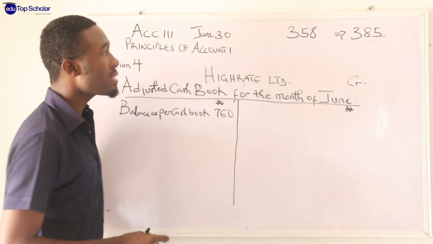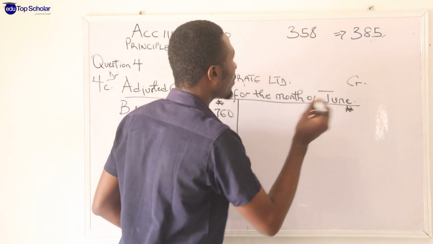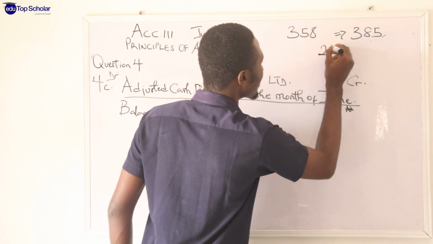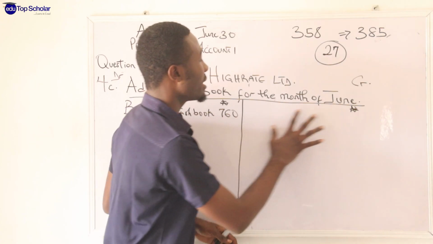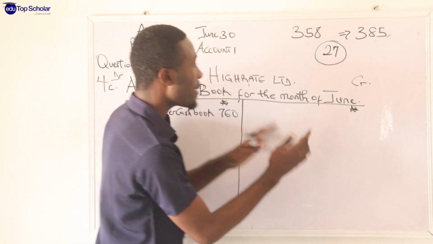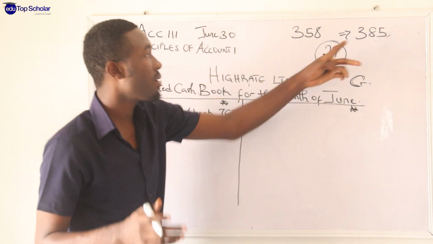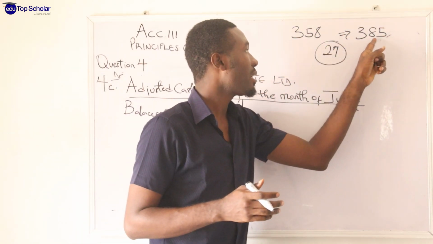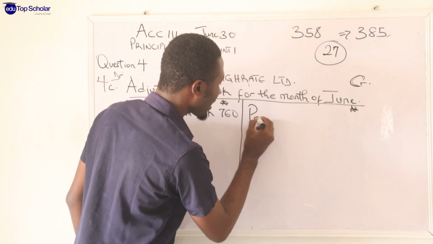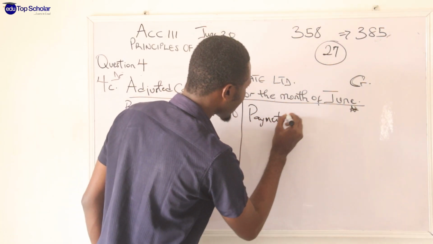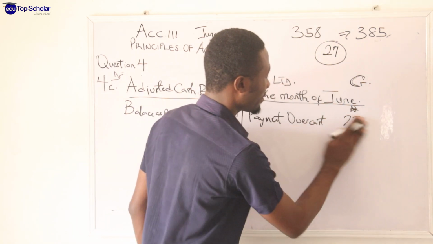So there is a difference, of course maybe human error, of 27 naira. The error was committed on the credit side, and it has to be adjusted on the credit side. We had a payment of 358 naira that was recorded as 385. So to remove the money, it is going to be recorded on the credit side as payment overcast of 27 naira.